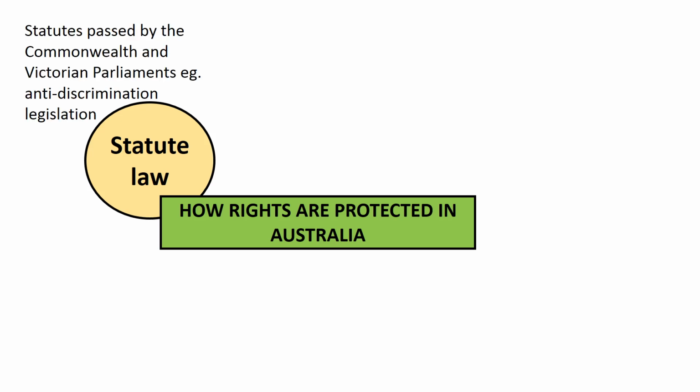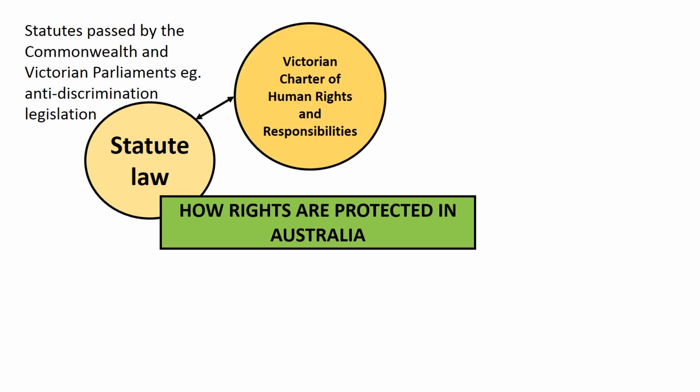For example, there is legislation that prohibits people being discriminated against on the basis of gender, sexual orientation, religious beliefs, and race. Put another way, these statutes give us the rights not to be discriminated against on the basis of our gender, sexual orientation, religious beliefs, or race.